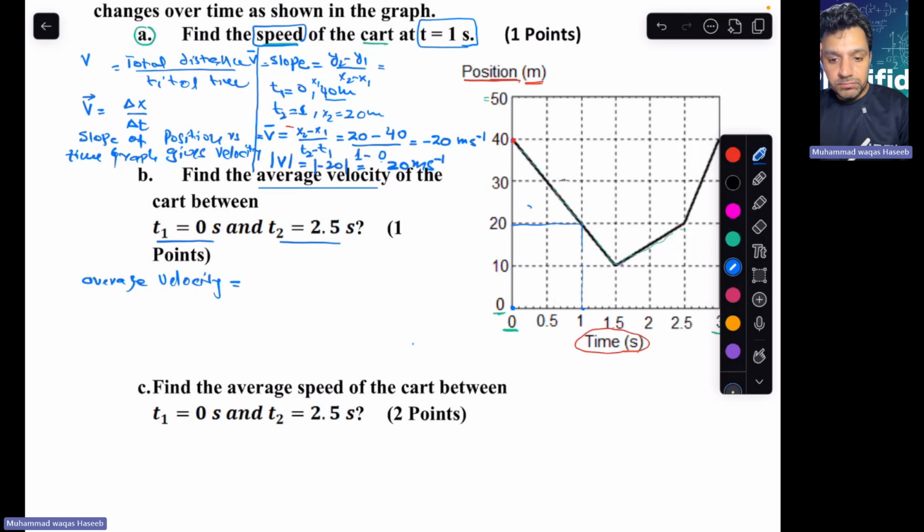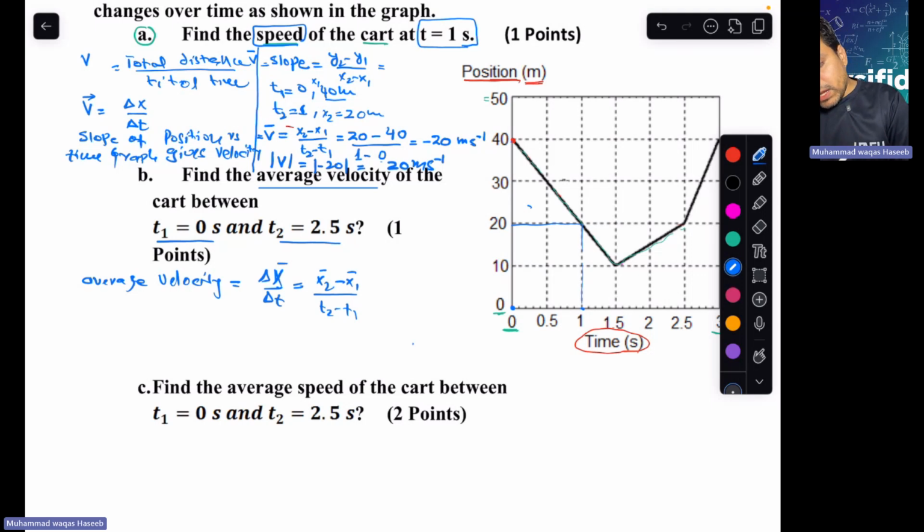Average velocity is nothing but delta x over delta t. It's a vector quantity: change in displacement divided by time. So that is x2 minus x1 divided by t2 minus t1.